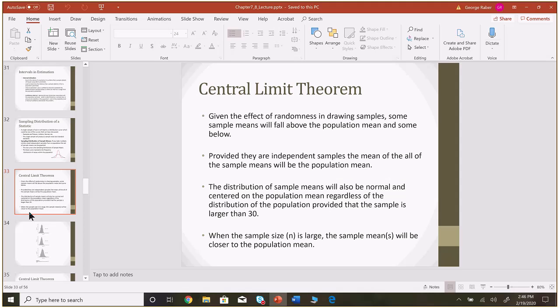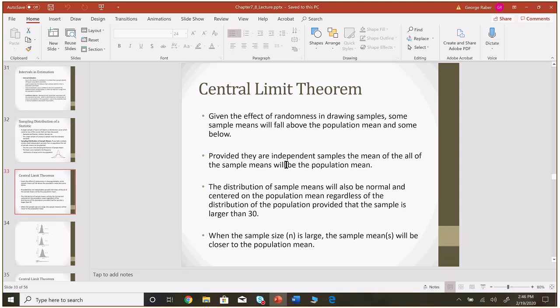Okay, so this phenomenon is referred to in statistics as the central limit theorem. Given the effect of randomness, if it really is a random sample or something close to a random sample, then we can determine that the sample means will fall above and below the true population mean.